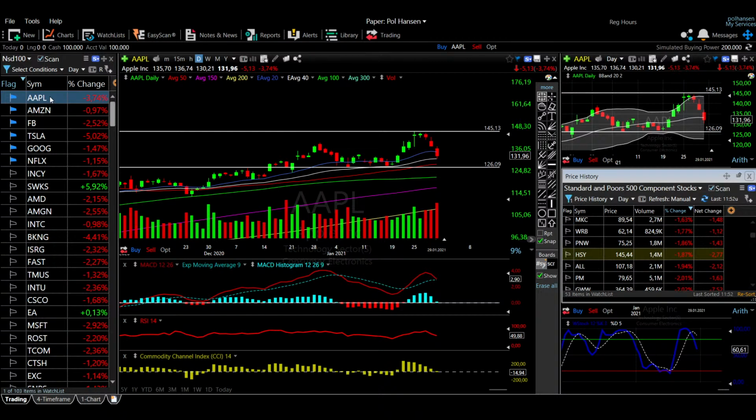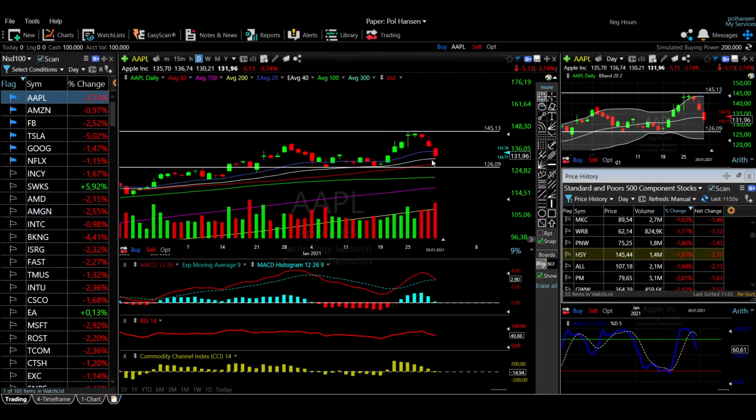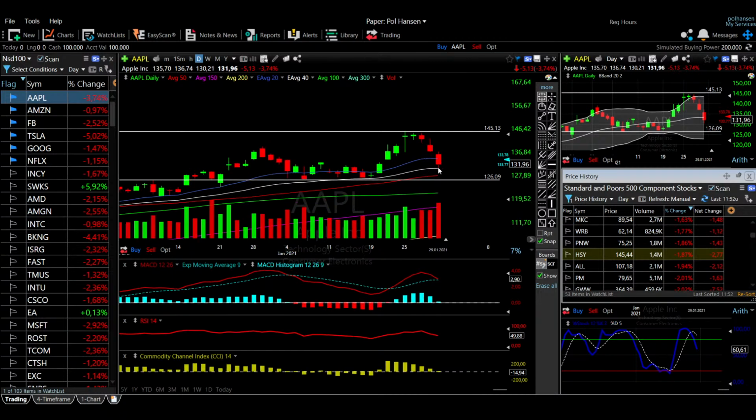So if we look at Apple, for example, we fell all the way down to the 40 exponential moving average. And in the pre-market, it looks like we are rallying at least 2 or 3%, and we are up roughly above the 20 exponential moving average. So it looks like Apple has found major support here at the 40 exponential, and now it's heading back towards the $145 a share.